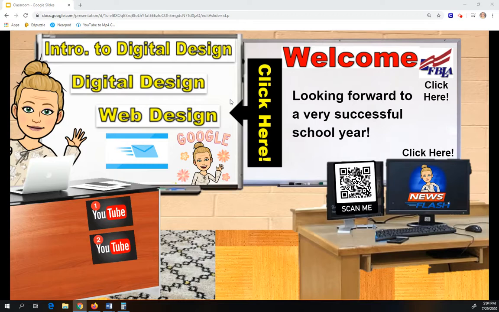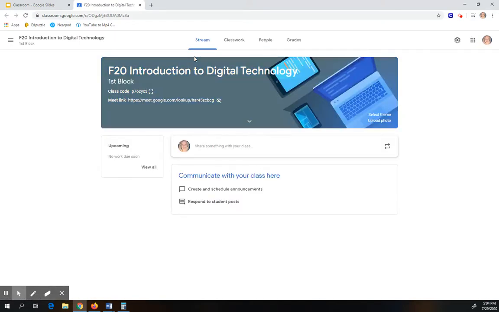Next, I'd like to show you how the Google Classroom is set up. Once you get into the Google Classroom, there are tabs at the top where you have the stream, classwork, and students are going to be using these two tabs.